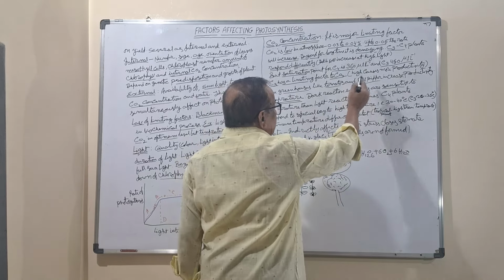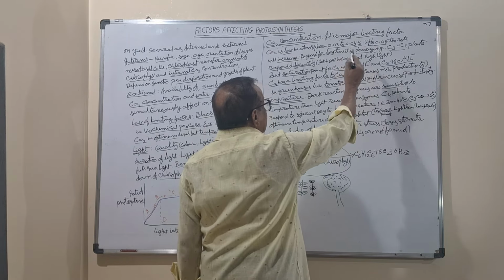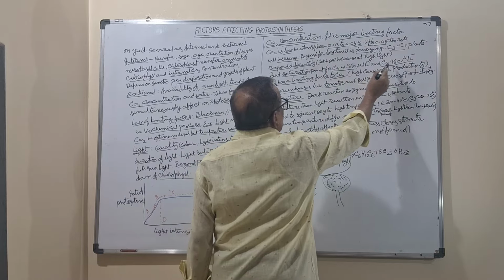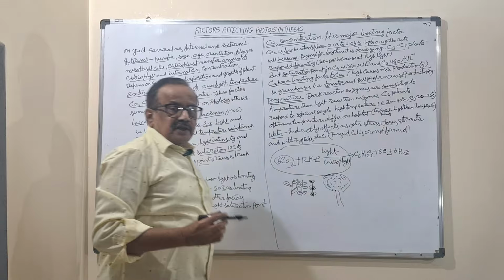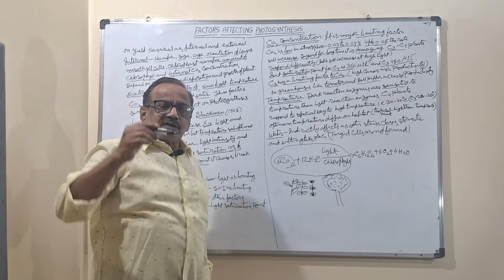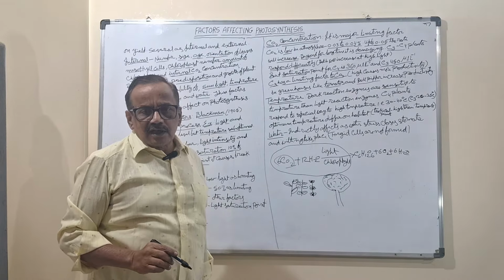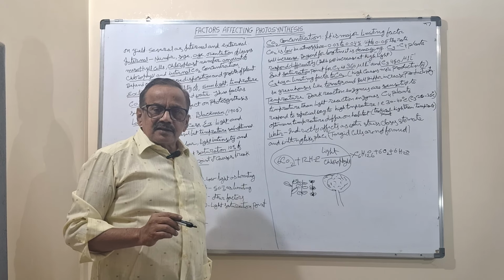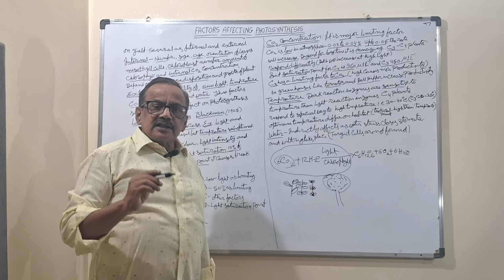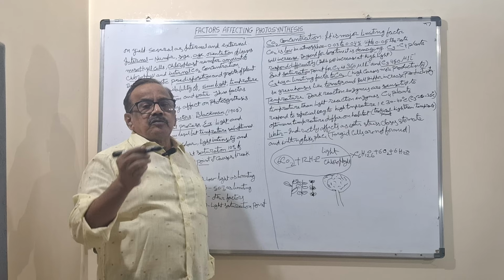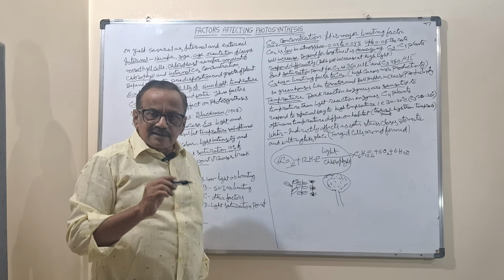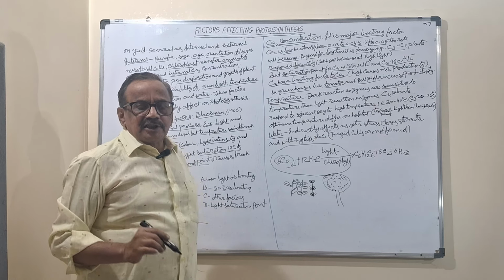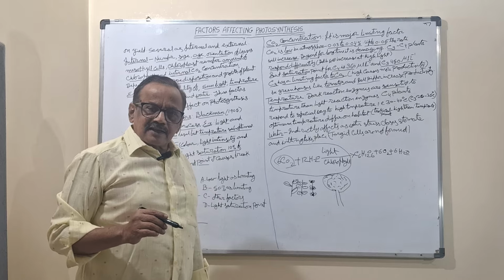So now if you calculate, it will be 0.045. Means atmospheric carbon dioxide more than that one, it is saturation point it is having. So in the C3 plants, the saturation point is above the available concentration of the carbon dioxide through the air. It works as a limiting factor.